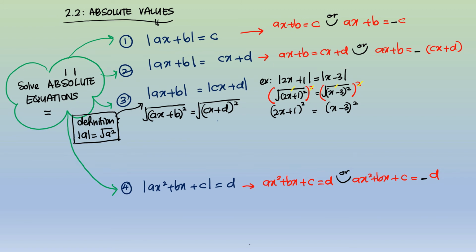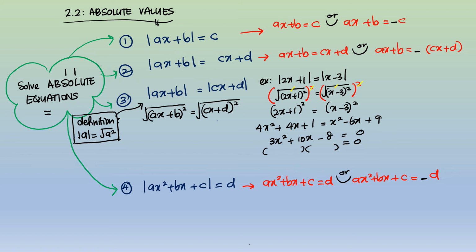Alright, so what is your job? It's actually to expand this one. So you will have 4x square plus 4x plus 1 equal to x square minus 6x plus 9. Let's rearrange all of them to the left hand side. You will end up getting 3x squared plus 10x minus 8 equal to 0. So can we factor?